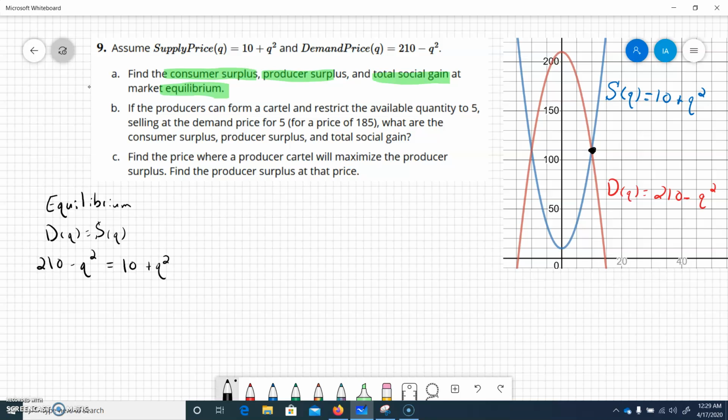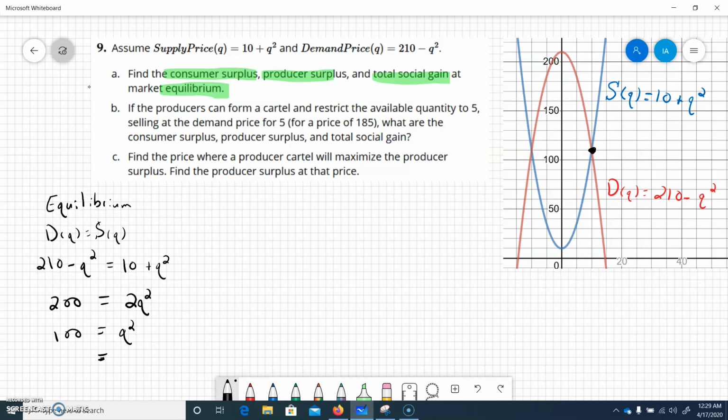Now that might look scary at first, but we've got a quadratic we're going to solve. We'll pull everything to one side, so if we add q squared on both sides, we'll get 2q squared on the right. We'll subtract 10 from both sides. We'll have 200 on the left, so we have q squared equals 100.